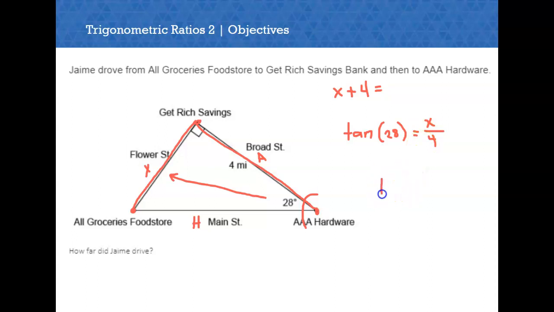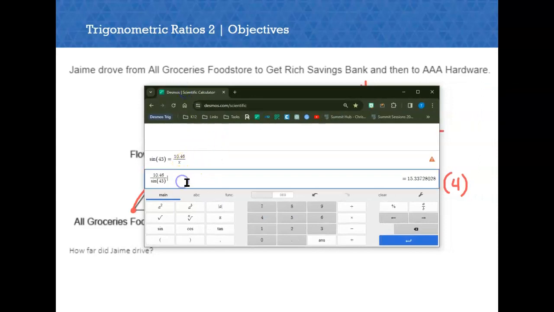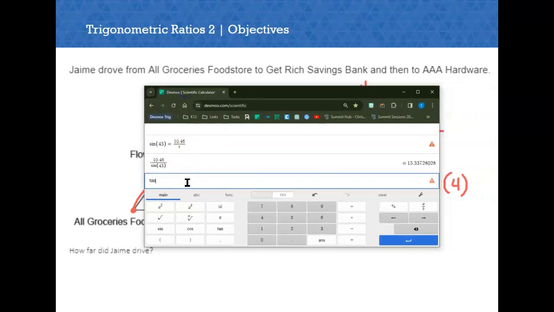So that means in my calculator, I can say tan 28 times 4. When I plug this into my calculator, I can say tan 28 times, and I can multiply here times 4, or I can put it in parentheses.